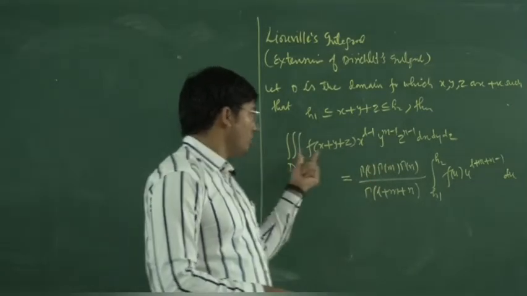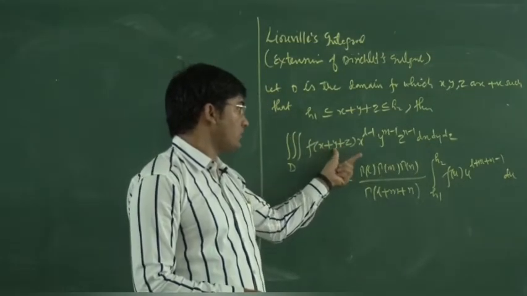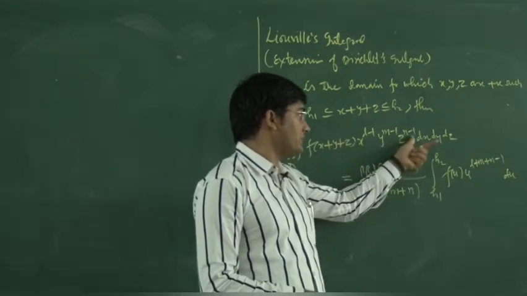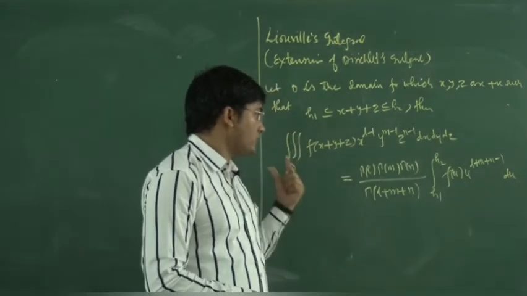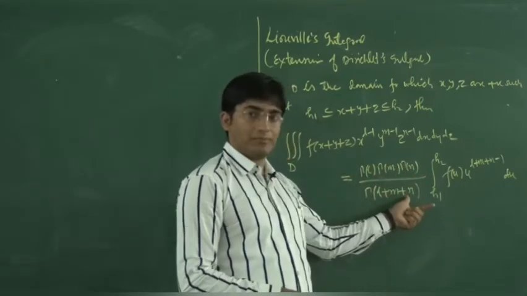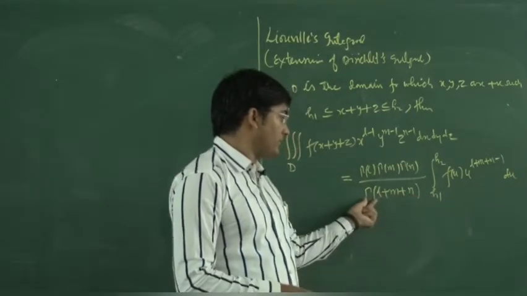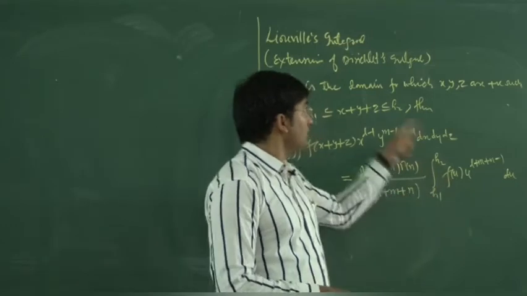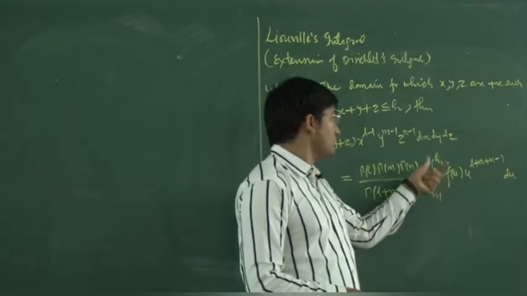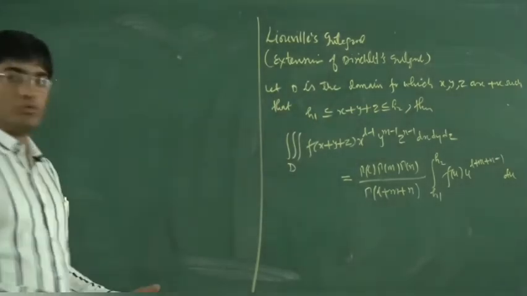So the value of this triple integral is equal to gamma l, gamma m, gamma n upon gamma l plus m plus n. In case of Dirichlet theorem, we have here gamma l plus m plus n plus 1, but here we have gamma l plus m plus n. Then the limits of the sum x plus y plus z was from h1 to h2, then we will have f of u into u power l plus m plus n minus 1 into du.